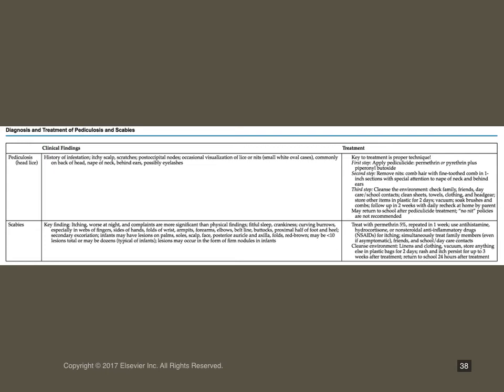And again, there are environmental issues that need to be taken into consideration as well with an infestation of this type. And we usually also treat family members because scabies are very contagious. So, that's the end of this part one of your derm presentation. And if you have any questions, just let me know.